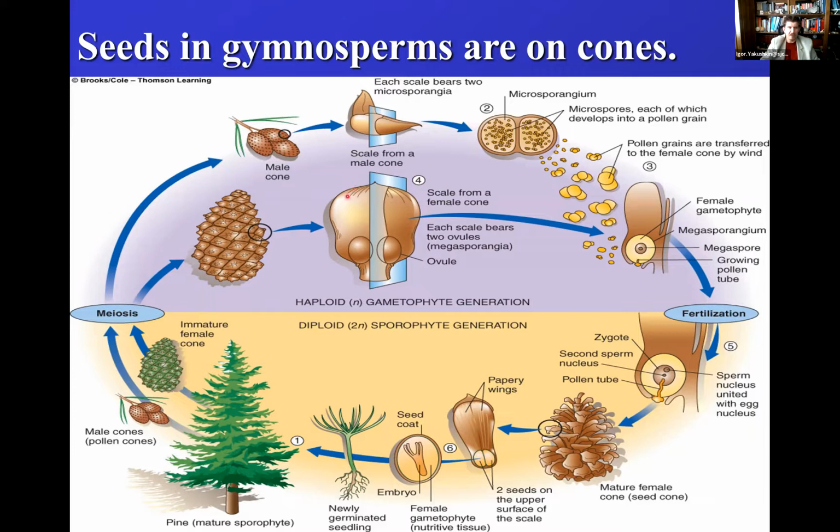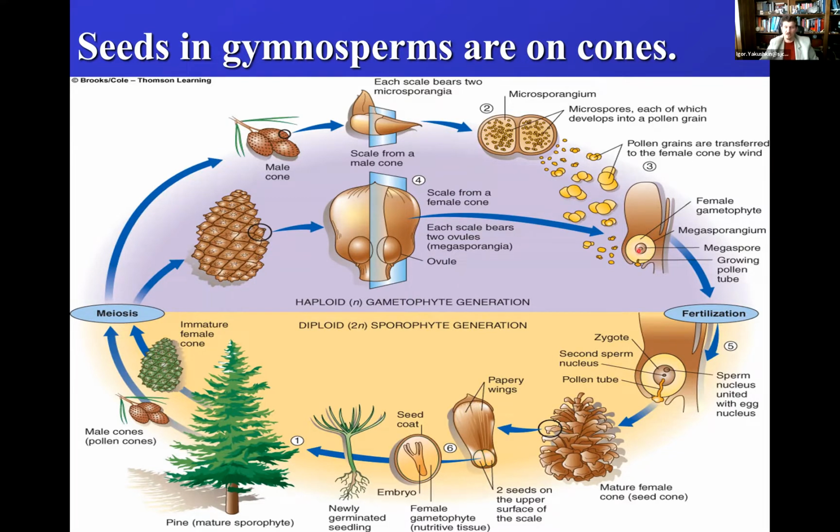In a female cone, it will produce large spores, the microspores and megaspores. Megaspores will stay within the cone. The microspores will be sent through the air, gliding, hopefully landing on the cone of the proper species, and then fertilizing the egg within the pine cone.